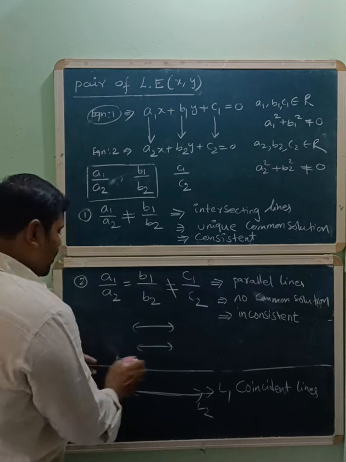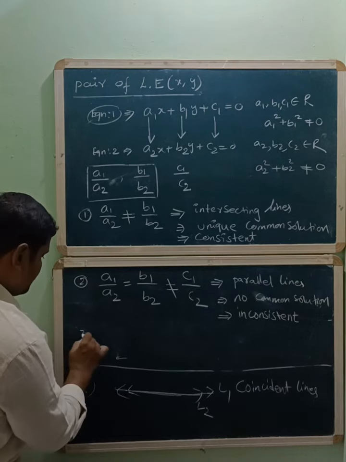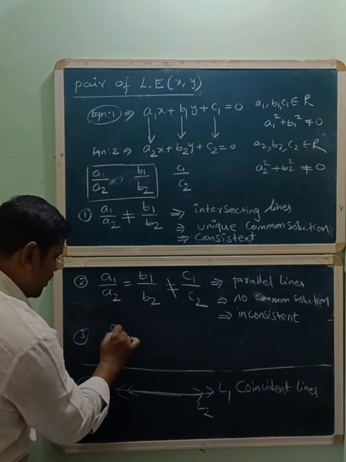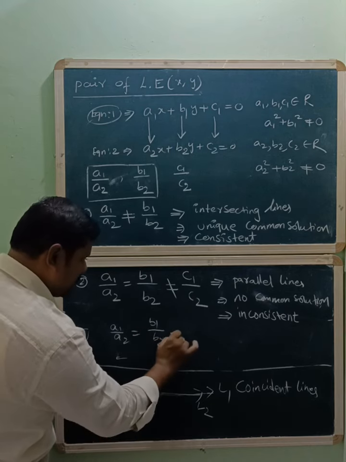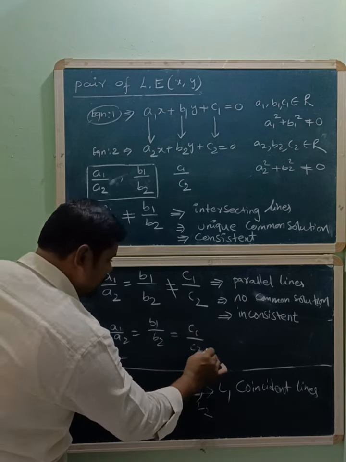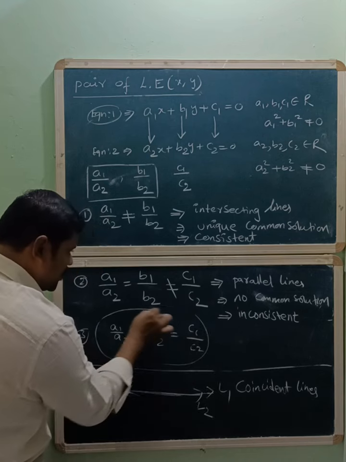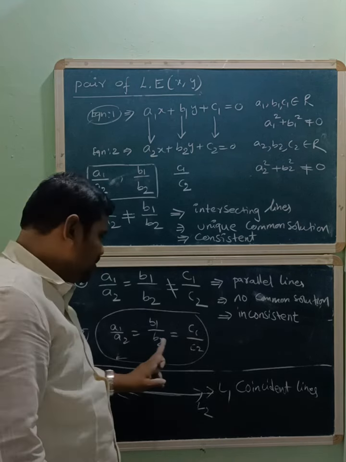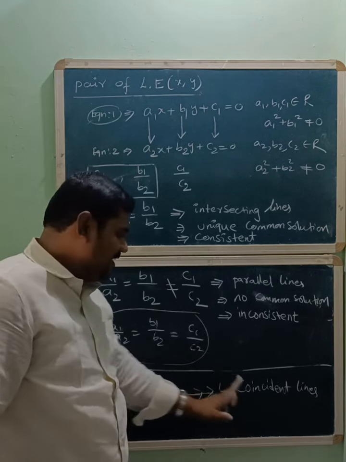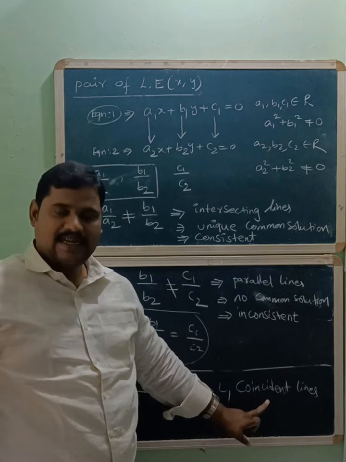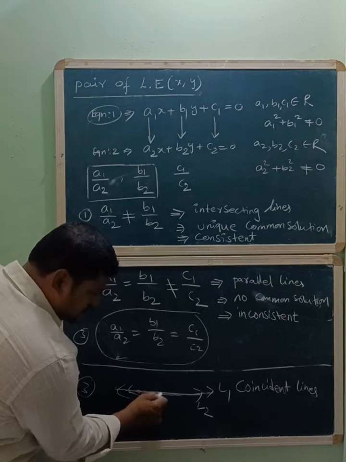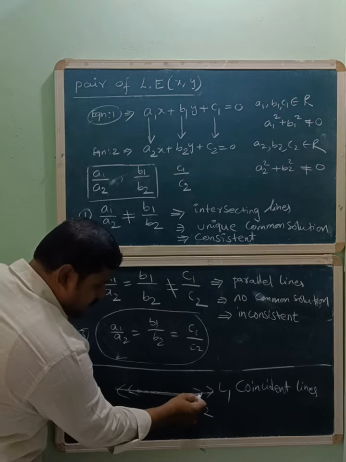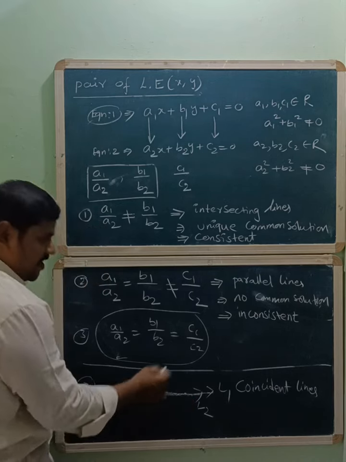Now the third property: a1 by a2 is equal to b1 by b2 is equal to c1 by c2. All these ratios are equal, then those lines are coincident lines. You see, these are all common solutions, all common points. How many common points here? Infinite common points.